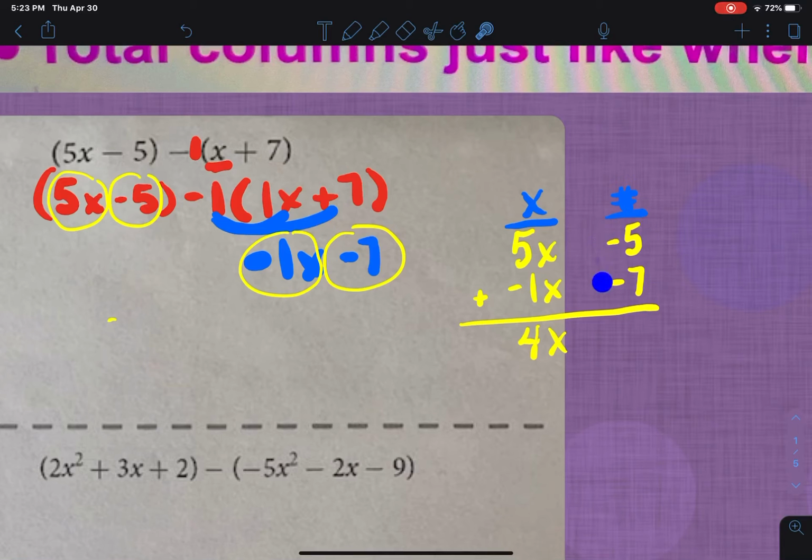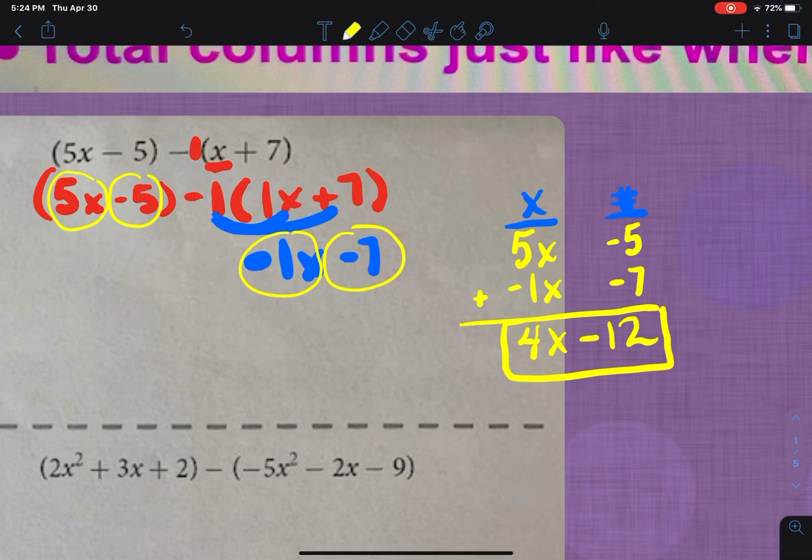And negative 5 and negative 7 is going to be negative 12. So the big thing for us that's going to be different is distributing this. But then it's going to be like adding, except I have to do this parenthesis and the new numbers that I came up with when I distributed.